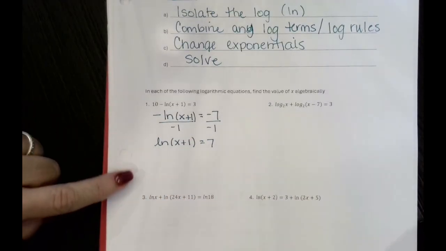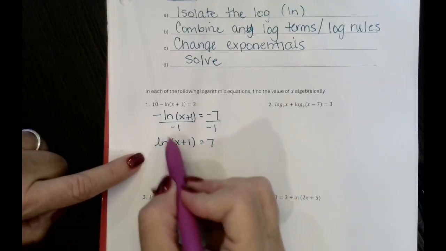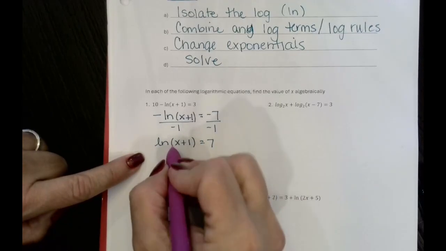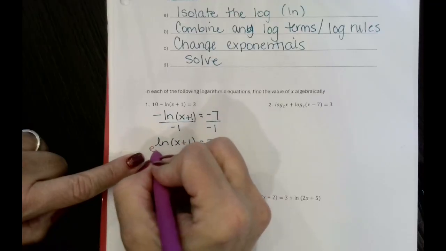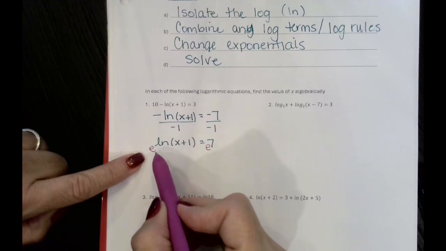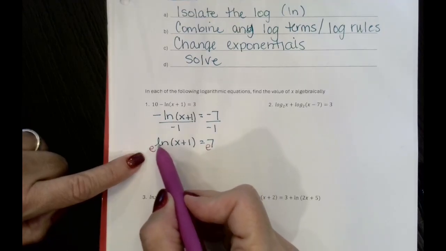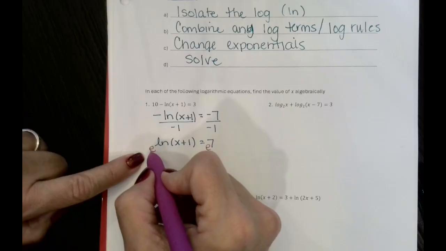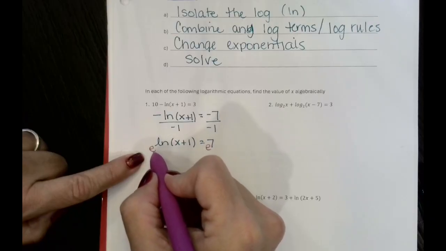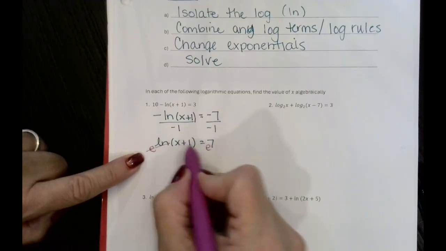Okay, so now what happens is if I want to convert this, my base here is e. So if my base here is e, I'm going to make this an e, and I'm going to make this an e. So what I'm doing is I'm saying, okay, now we know that when I take the opposite of ln and e, this cancels each other out. So it's almost saying we take this e to the ln power, but really this is not a power anymore.